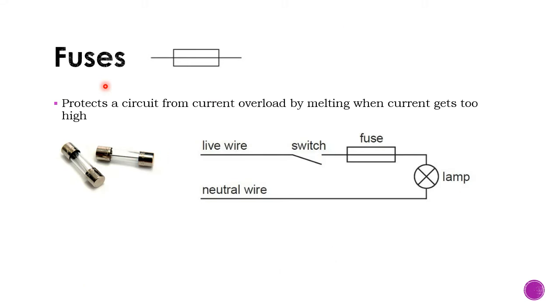So we have 3 safety features to protect either you, not Mr. You, watch out, either you or your devices at home or your house from the current. Because if the current in any place increases way too much beyond what we need, the devices will burn or break down, or not so good things will happen.